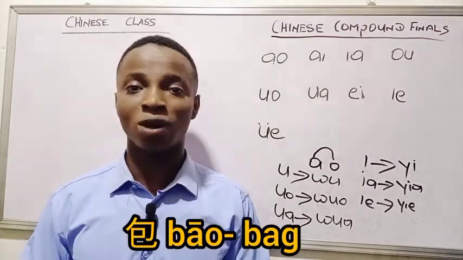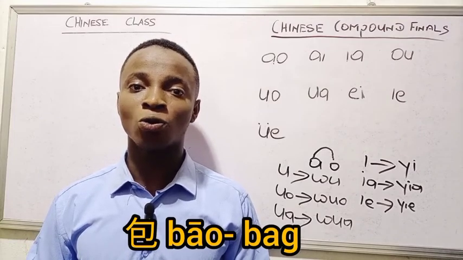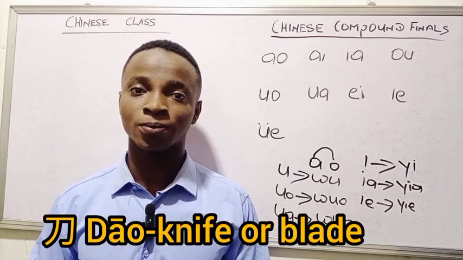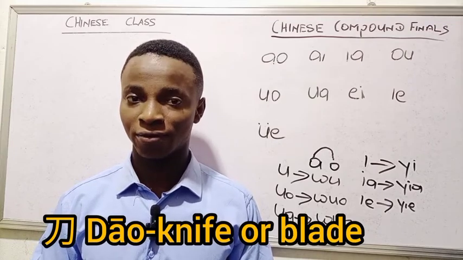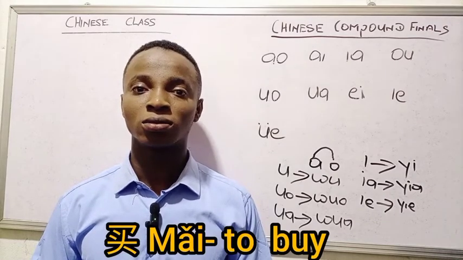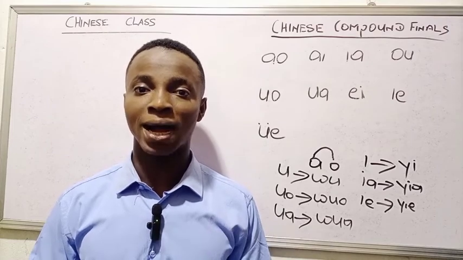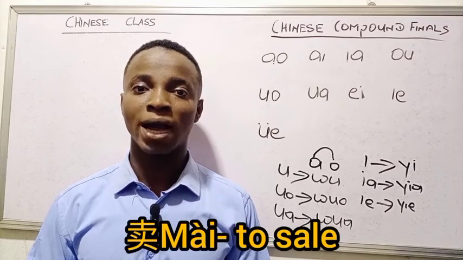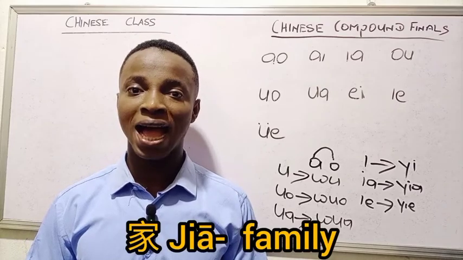So using the ow, we have bow, meaning back. Dao, meaning knife. Second one, my, to buy. My, to sell.